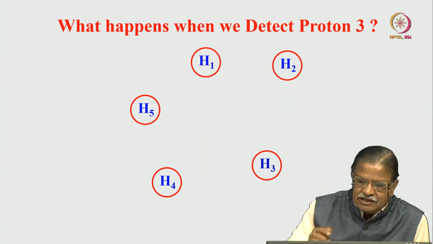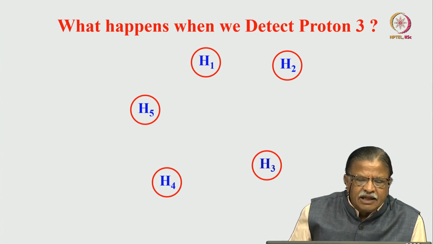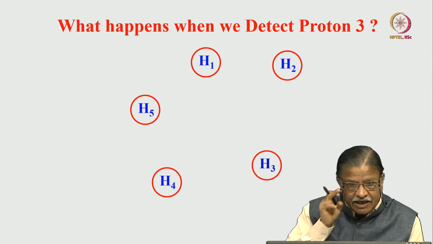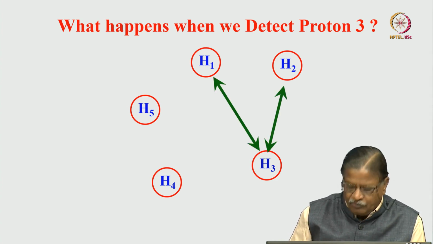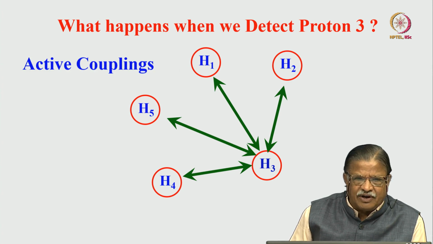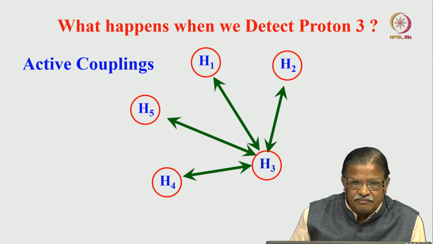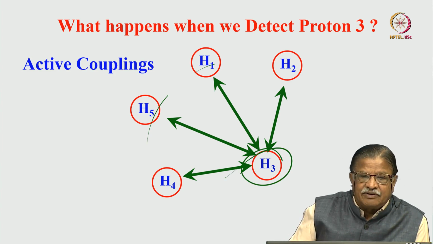What happens if, instead of proton 1, I detect proton 3? Now what is my active spin? My active spin is proton 3, and 3 can couple to 2, 1, 5 and 4. So there are 4 active couplings of different coupling strengths. These couplings will be seen at the chemical shift of proton 3.